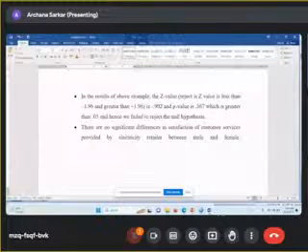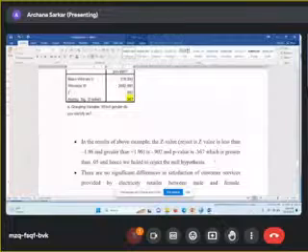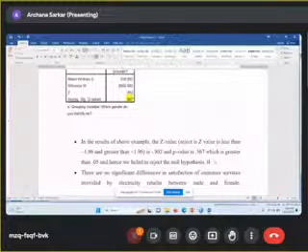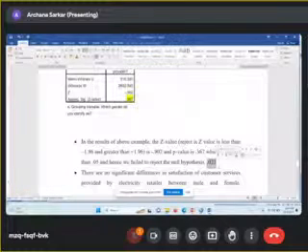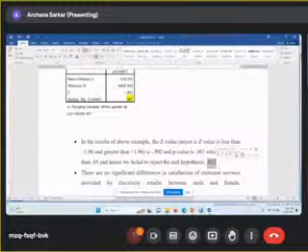If we get the value, suppose assume that if we get the value here 0.23, in that case, what can you write? We will accept the null hypothesis. No, we reject the null hypothesis. If the value comes to 0.23, yes, then we reject.